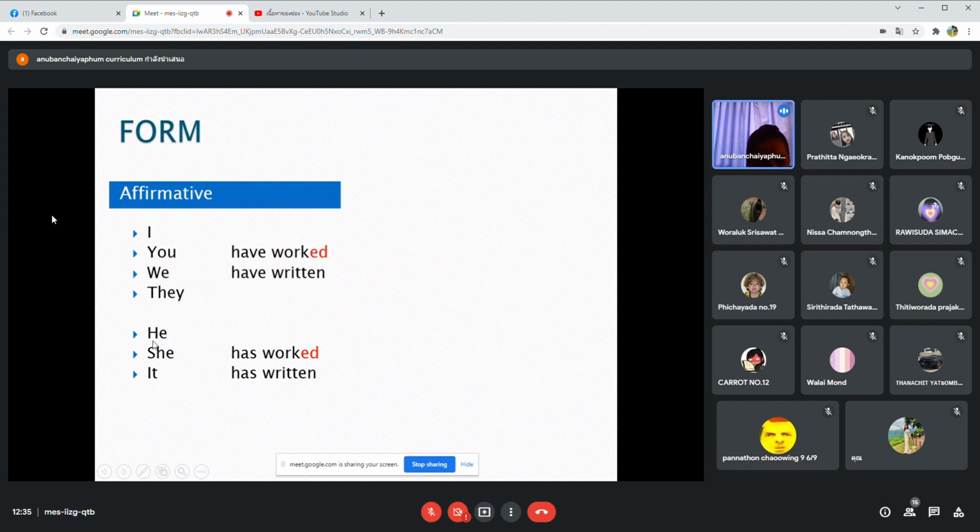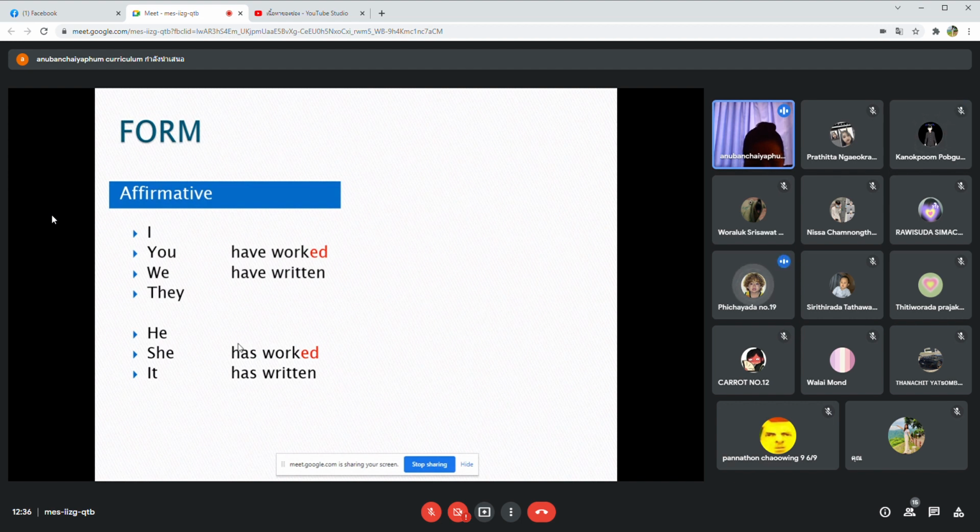But if your subject is singular, he, she, and it, your perfect tense should be in singular form. That's why this one is has. Do you understand? Can you remember from yesterday? Yes or no? Please let me know.